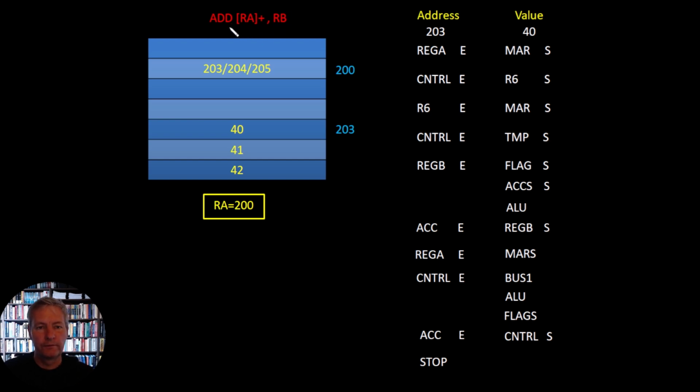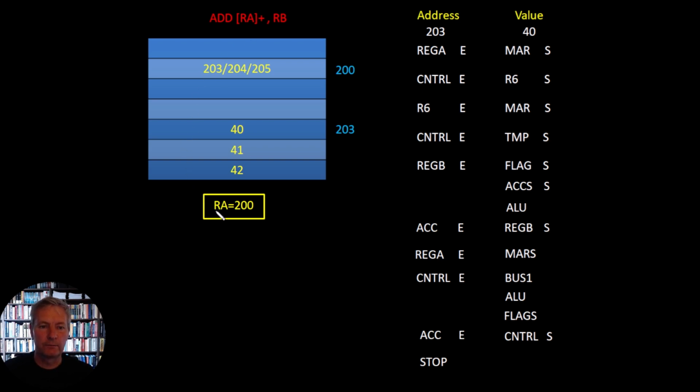But to find the operand that we're going to actually do the addition with, we're going to have to look at this addressing mode. So we've got the square brackets. If we've got square brackets, we know it's a pointer. And then the plus at the end means that we're going to have a post increment.